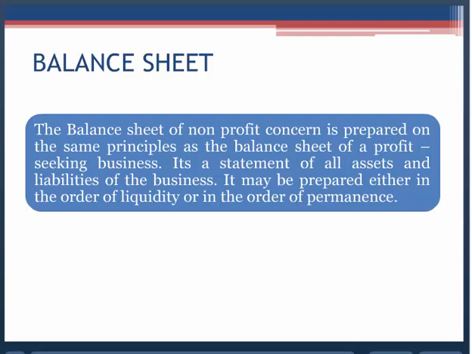It may be prepared either in the order of liquidity or in the order of permanence. When I say in the order of liquidity, the assets should start with cash, then bank, then debtors, then stock. If I say it is in the order of permanence, then it should start with fixed assets and then go on to current assets. But all in all, nothing new about this balance sheet. It was one of the statements and I put it in the slide. But it is the same as the normal balance sheet. So that's the balance sheet.